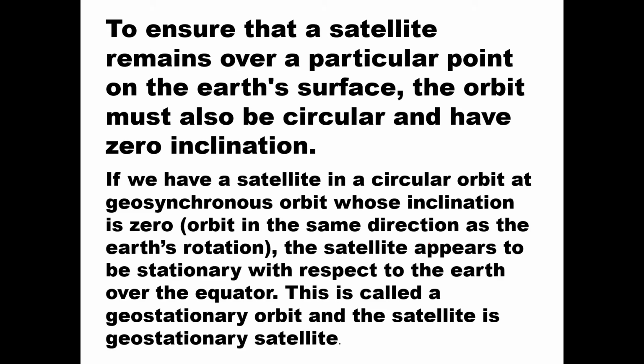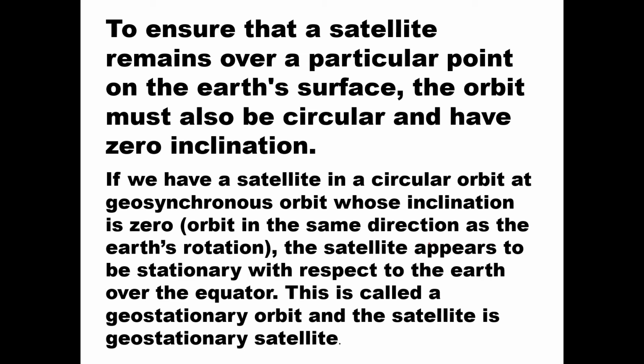Okay, so here you can see a theory for it. To ensure that a satellite remains over a particular point on the Earth's surface, the orbit must also be circular and have zero inclination. Okay, if we have a satellite in a circular orbit at geosynchronous orbit whose inclination is zero, orbiting in the same direction as the Earth's rotation, the satellite appears to be stationary with respect to the Earth over the equator.